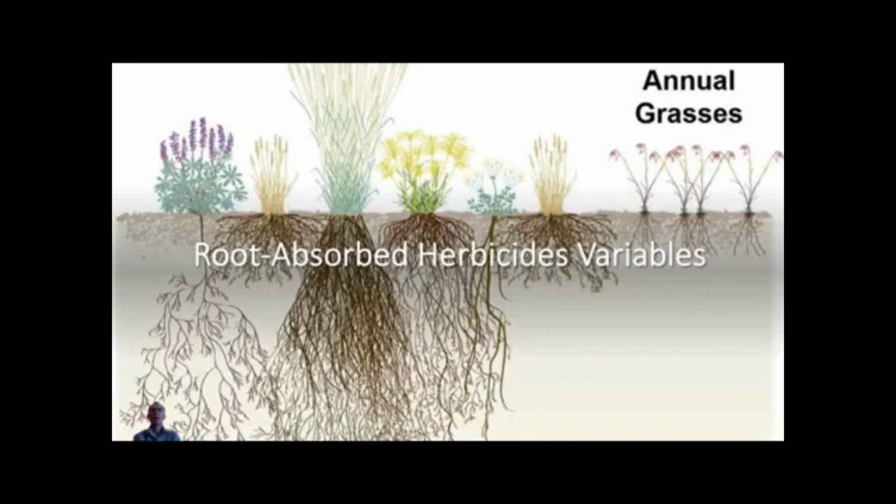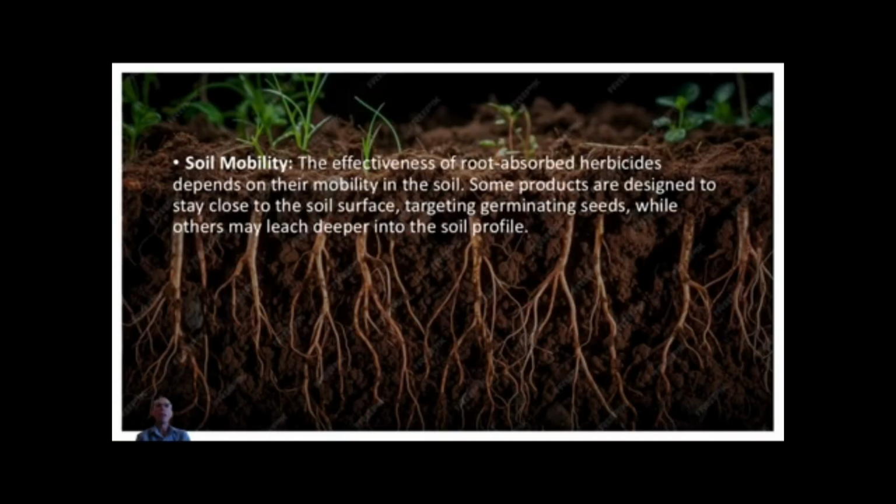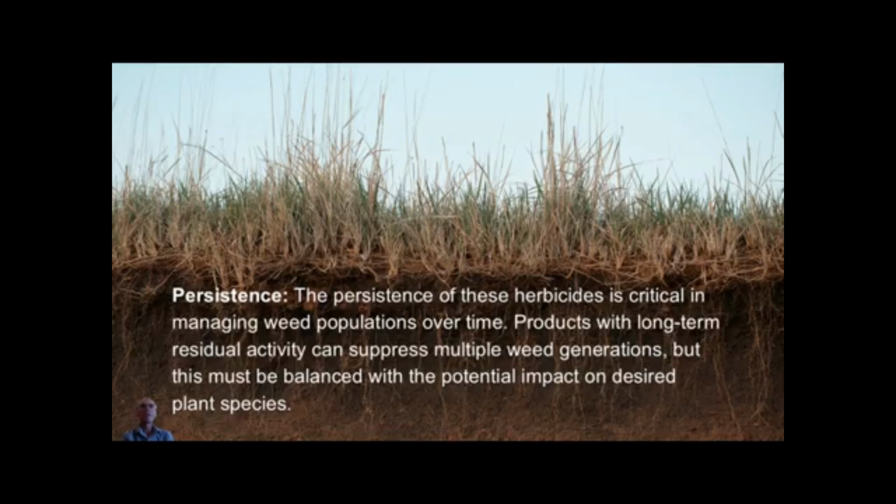Annual grasses. Root-absorbed herbicide variables. Soil mobility. The effectiveness of root-absorbed herbicides depends on their mobility in the soil. Some products are designed to stay close to the soil surface, targeting germinating seeds, while others may leach deeper into the soil profile. Persistence. The persistence of these herbicides is critical in managing weed populations over time.